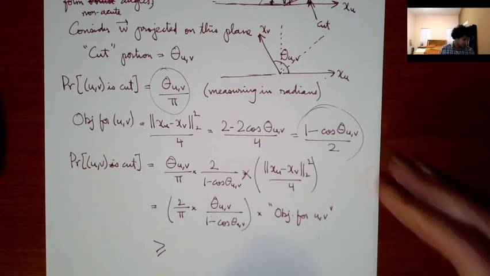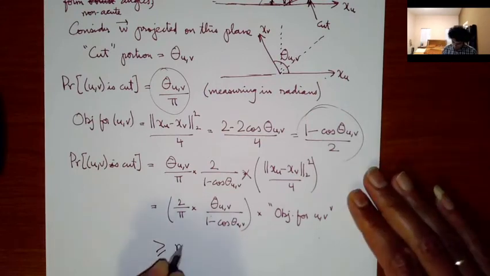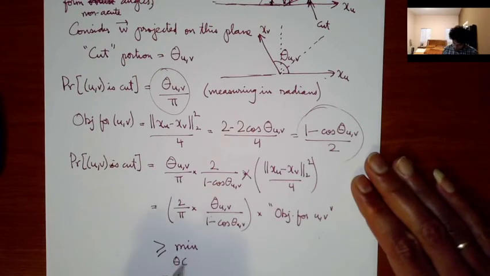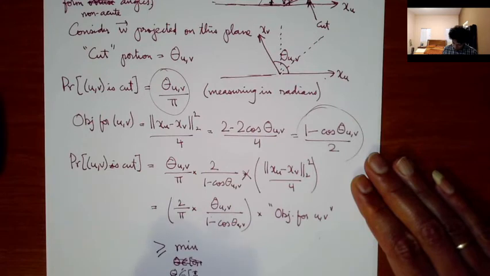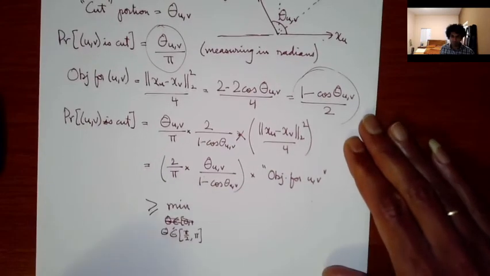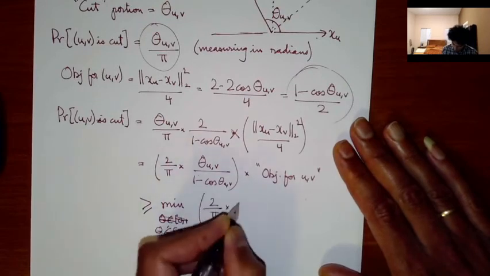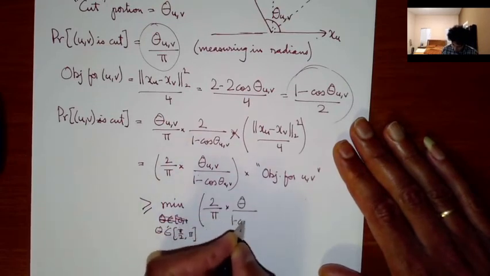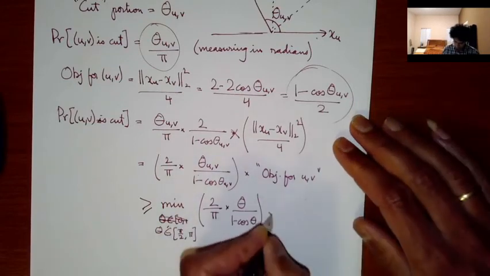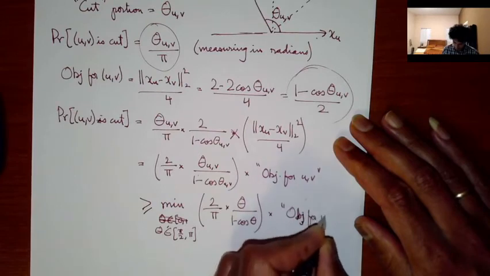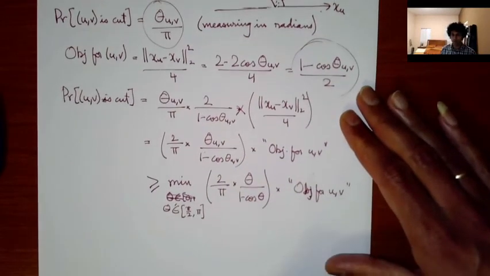I'm just going to do a very crude bound. I'm going to say this is at most the min over all possible values of theta going from pi over 2 to pi, because I know that the angle lies between pi over 2 and pi, of this function, times the objective for UV.